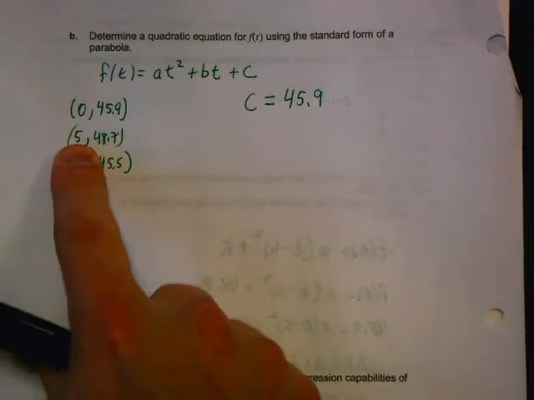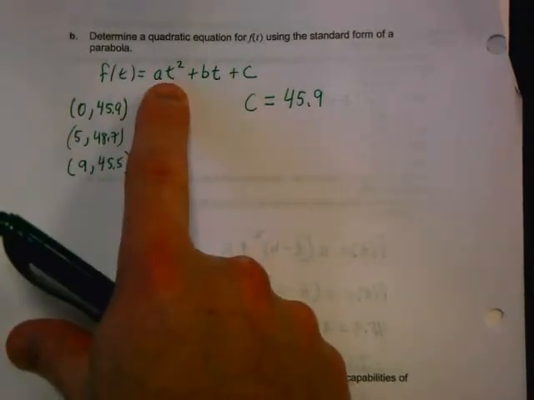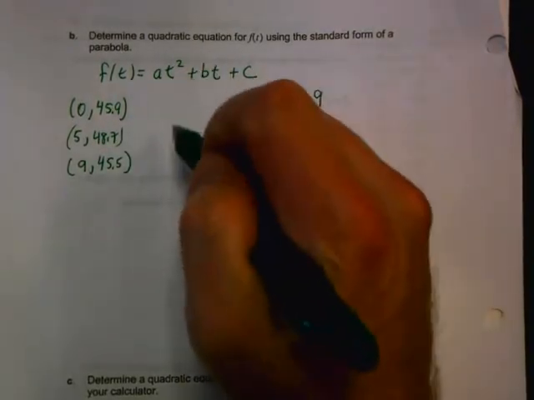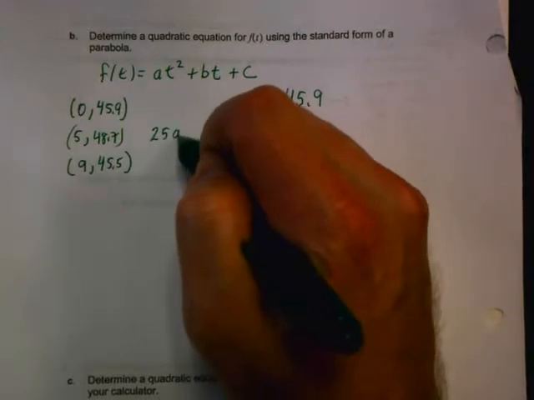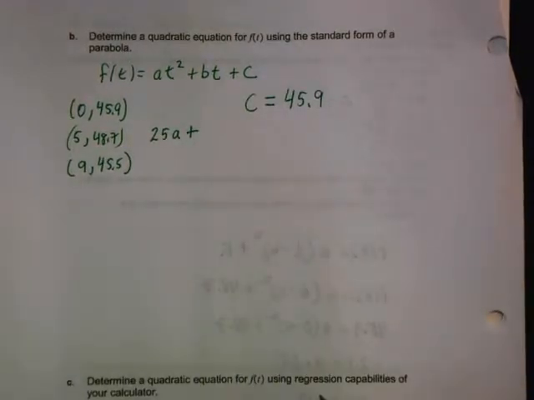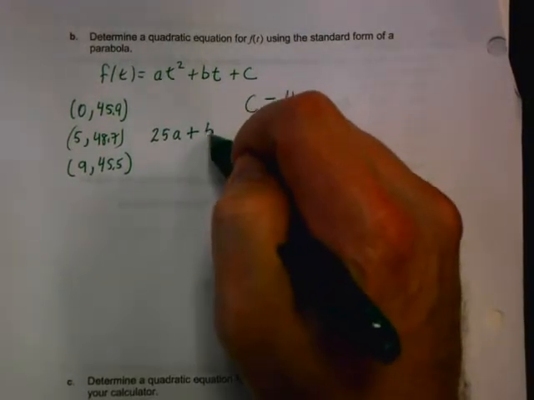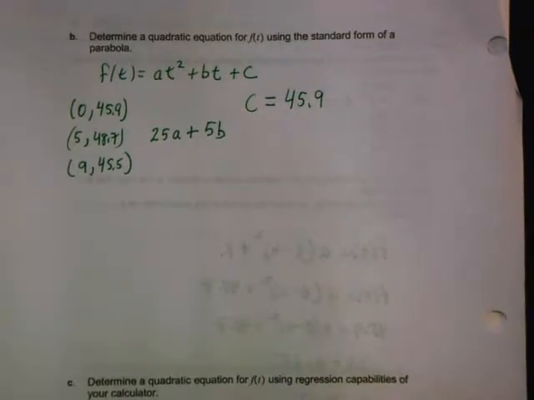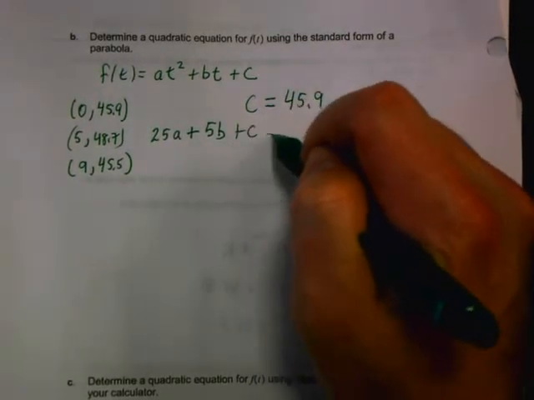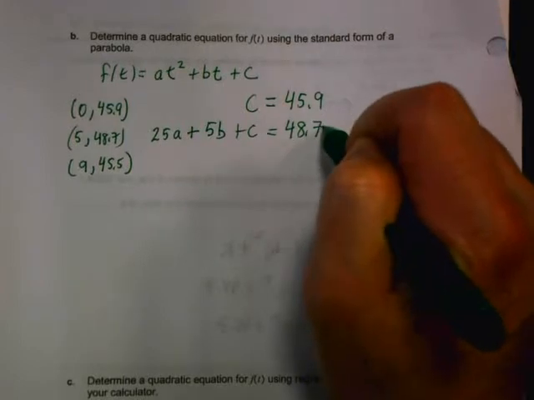And again, I'm plugging 5 in for t. 5 squared is 25, so that's going to be 25a plus 5b, plugging in for the t number there, plus c is 48.7.